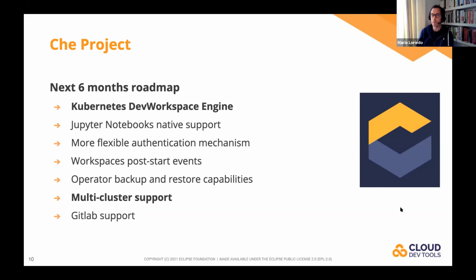We're introducing post-start events in workspaces. That means that when starting a workspace, we can automatically start the build of the source code, or launch an application, so that when you start a workspace, you can start testing the application and showcasing the application right away.